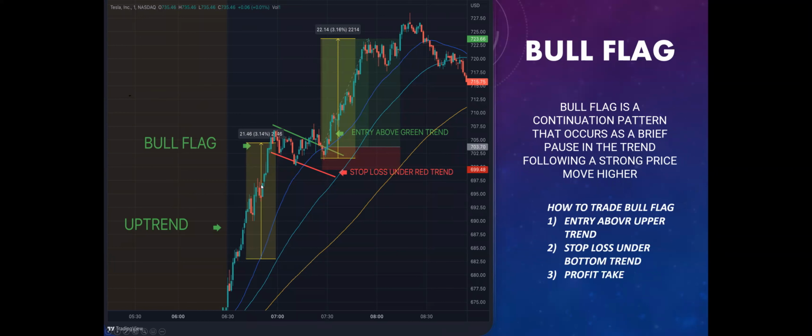So in a bull flag, you want to see an uptrend, then we start forming a bull flag, then a continuation. How do we trade this pattern? How do you trade this shape? Your entry should always be above the upper trend. Your entry could be here, always above the trend.